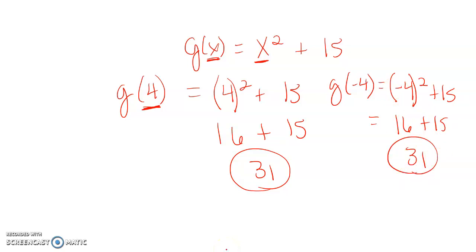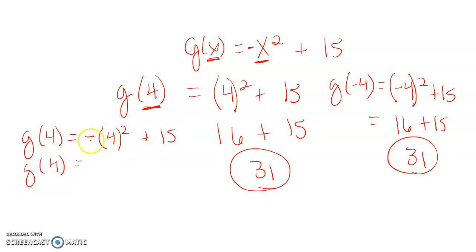Now, here's the big difference. Let's say instead it was a negative x squared. So now I'm going to put g of 4 into negative x squared. I put negative, parentheses when I see the x, 4, close parentheses, squared, plus 15.